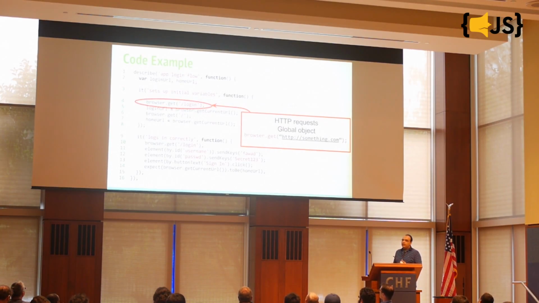So to keep the code DRY with less repetition and more reuse of variables, we can define the login URL and the home URL outside the tests, and then we can populate these in a separate block.